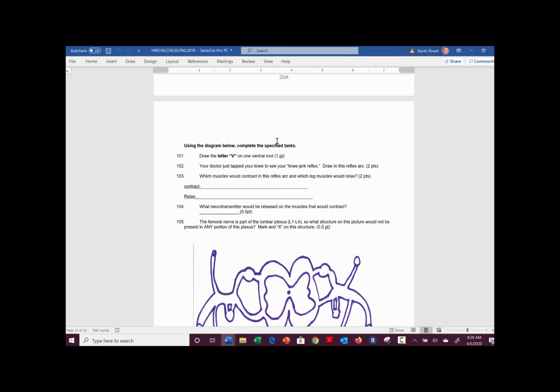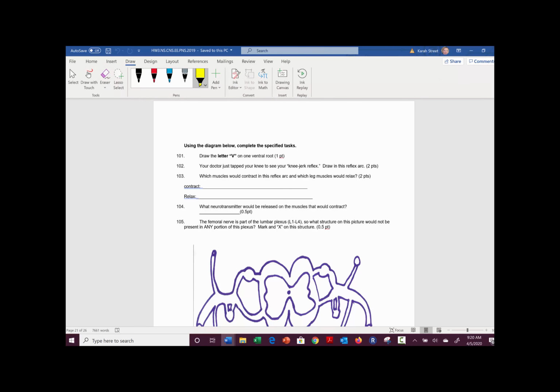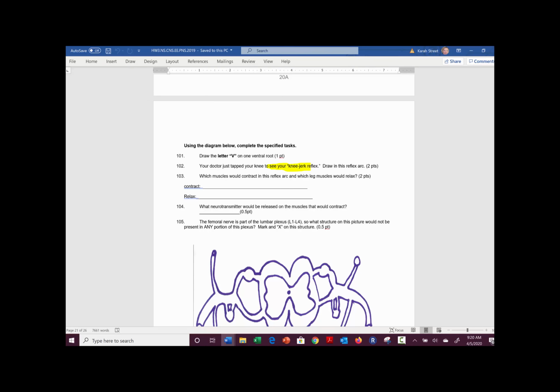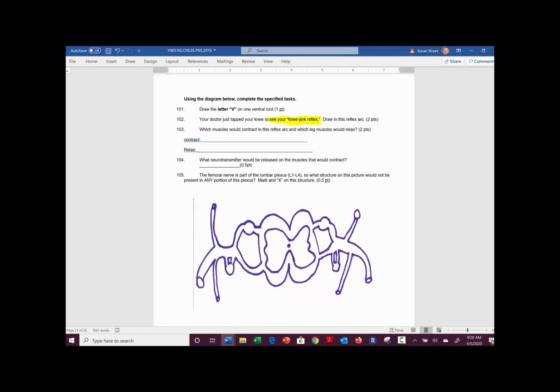This one is going through a knee-jerk reflex. And when we have a knee-jerk reflex arc, it is one of the more simple reflex arcs we can think of. It is on the same side, so we say it is ipsilateral.